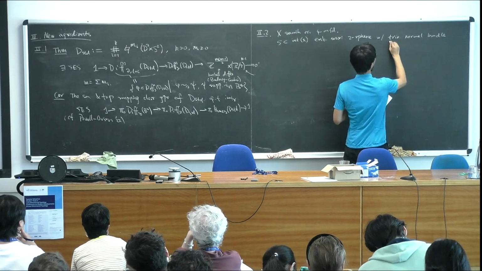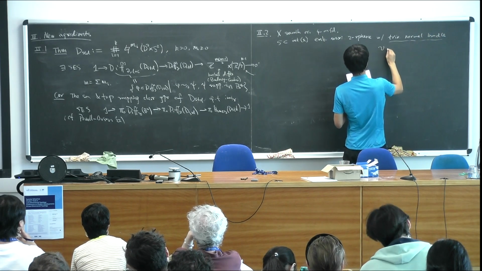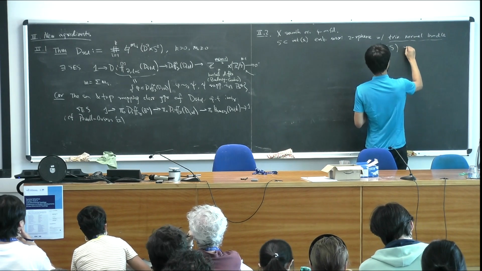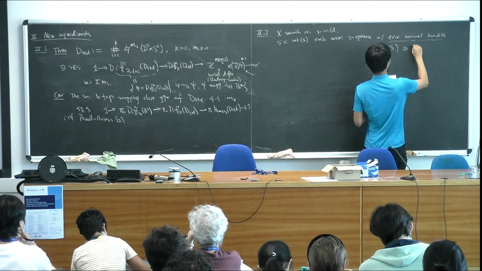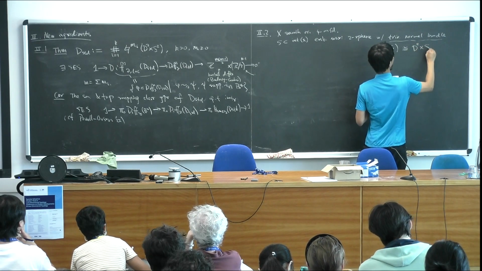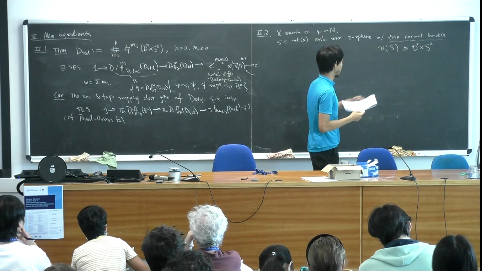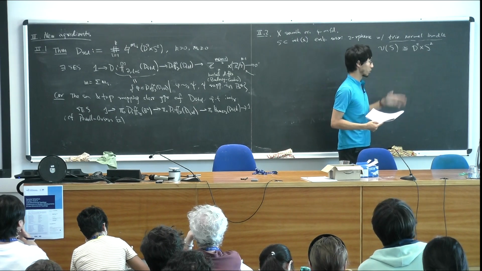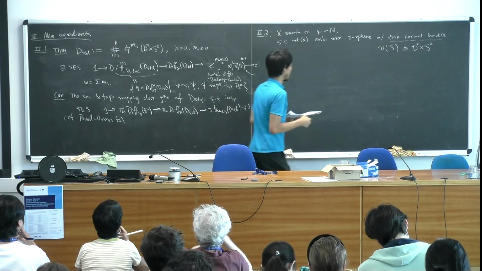This trivial normal bundle condition just means if you take a tubular neighborhood of my embedded two-sphere, this is going to be diffeomorphic to just D2 times S2. You choose an orientation to get the S2 factor, but you don't need to make any choice for the D2 factor.